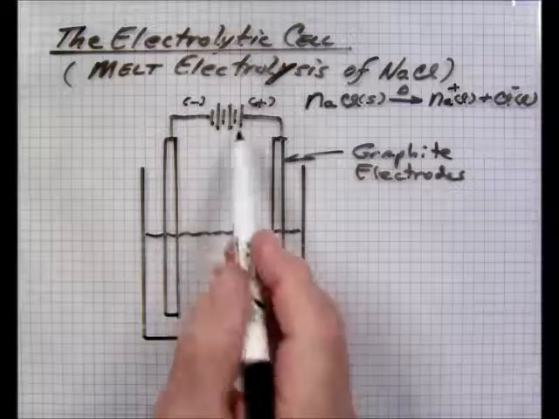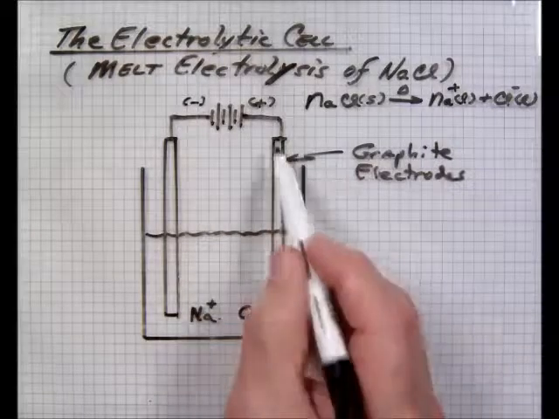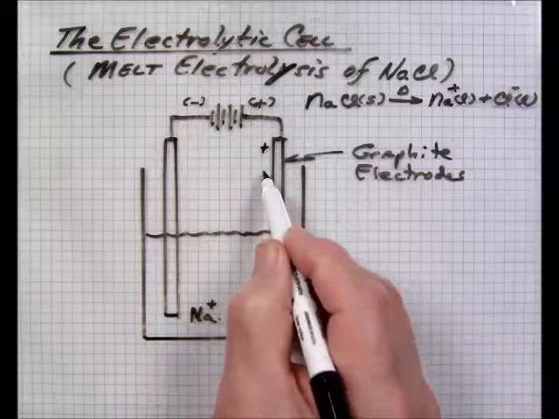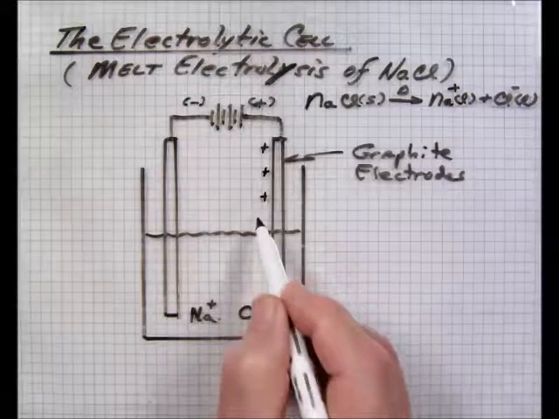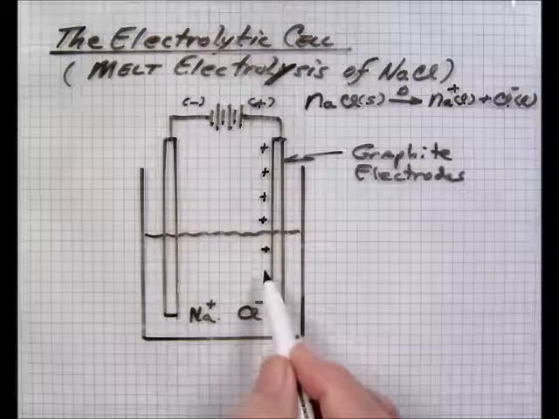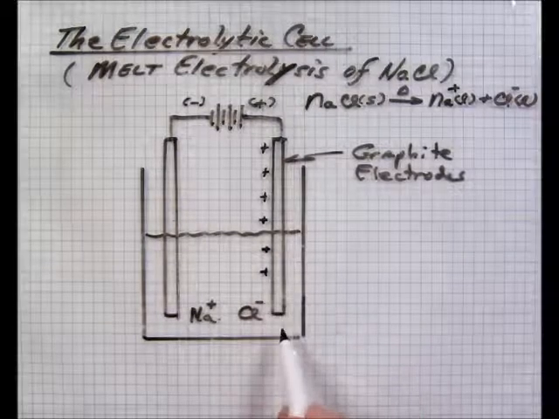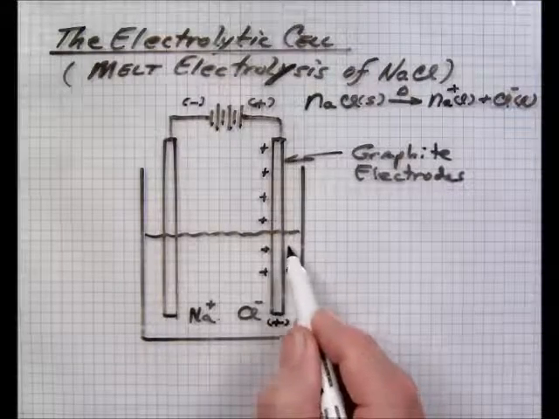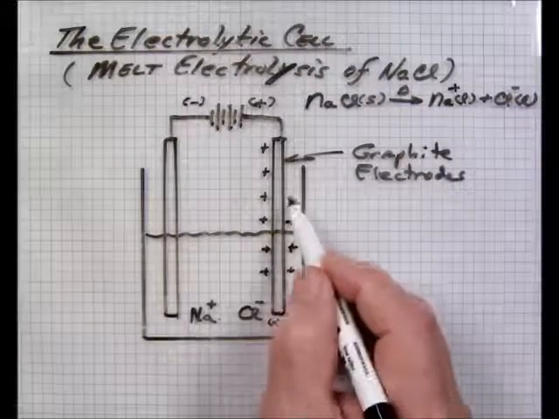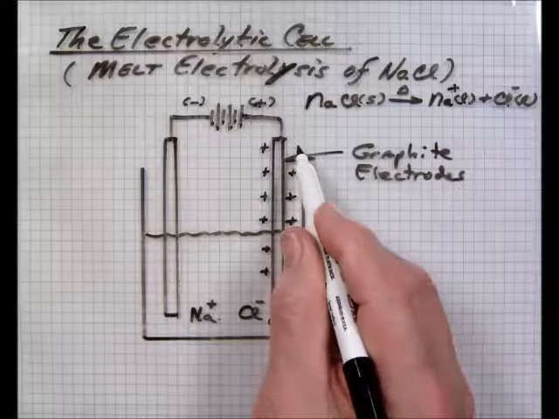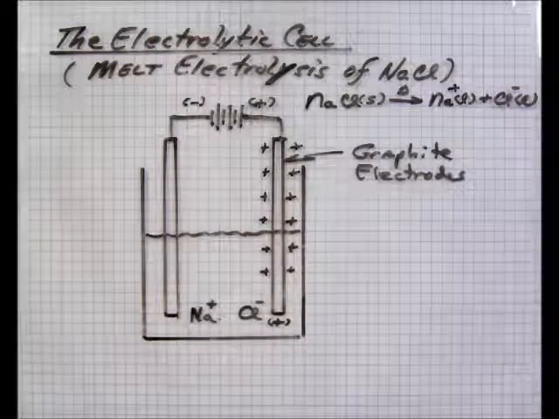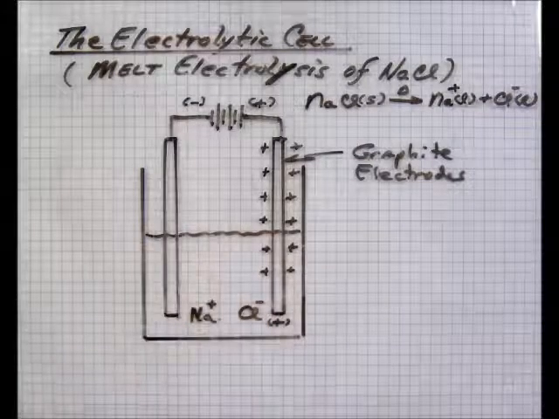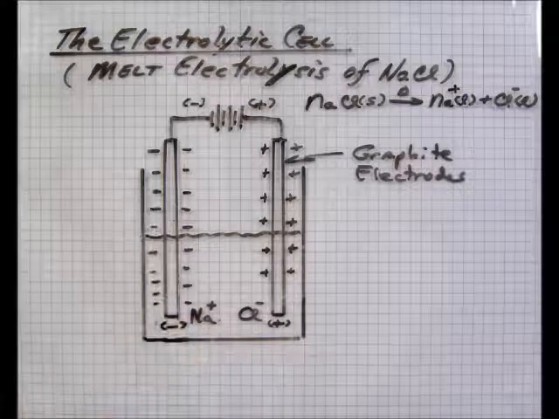So after connecting, this electrode becomes positively charged. We'll indicate that with little positive symbols here. And the other electrode connected to the negative assumes a negative charge upon connection.